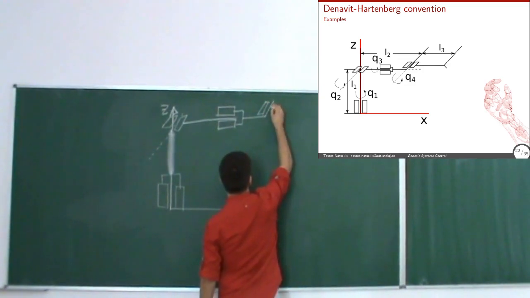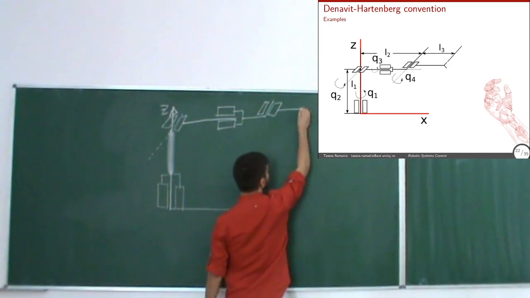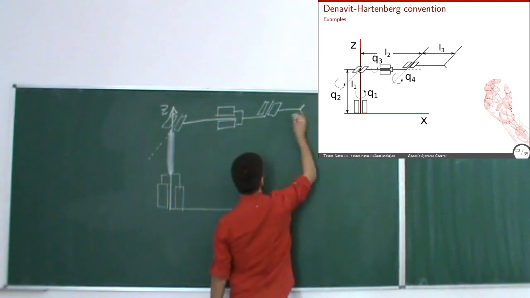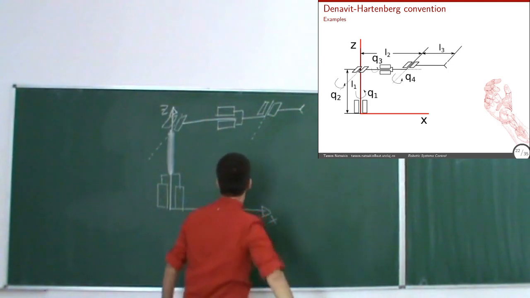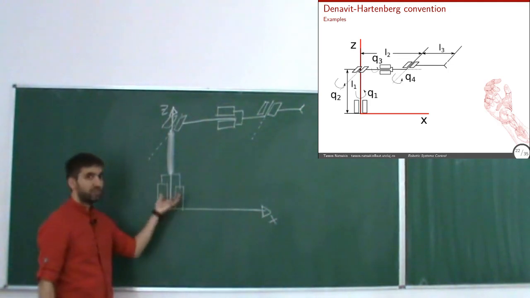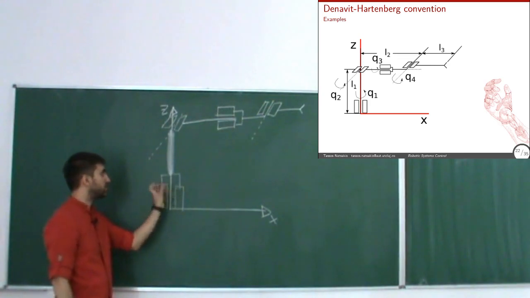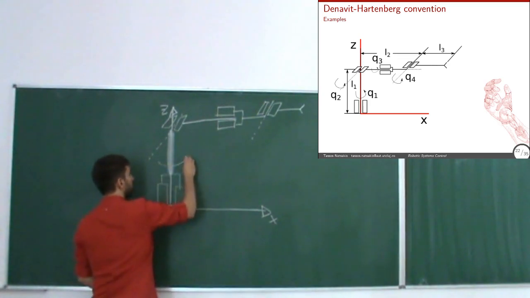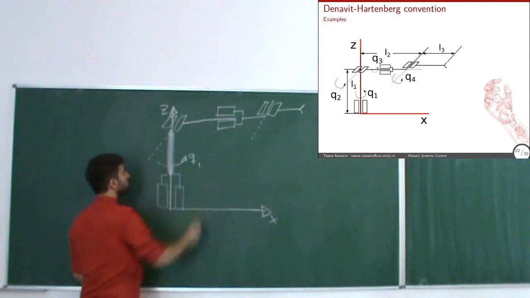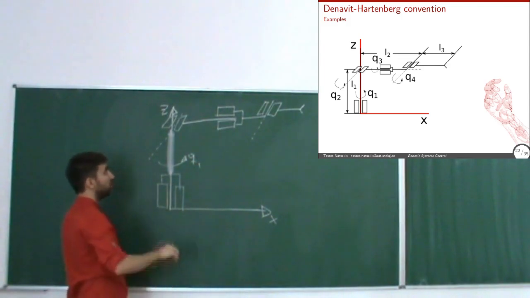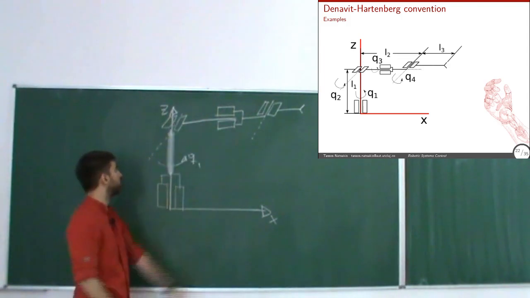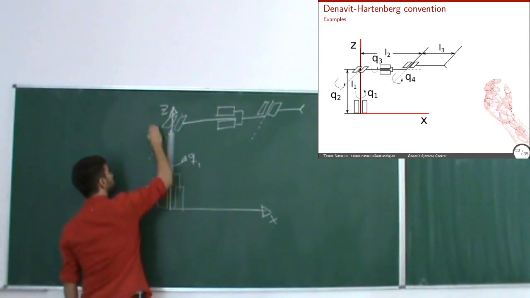It's slightly different than the one we saw in the beginning, but same idea. So first joint along this direction, Q1. Second joint in this direction, Q2.